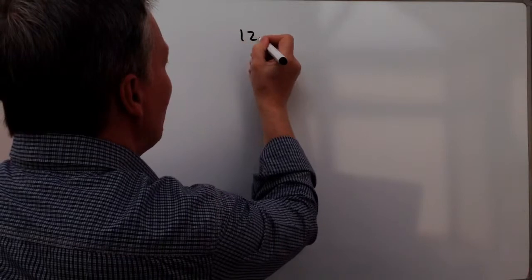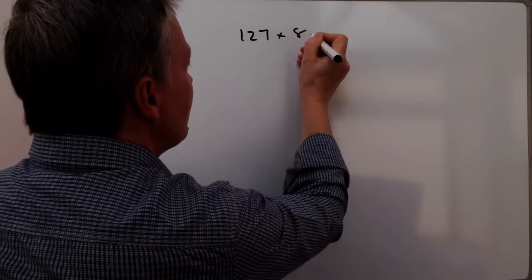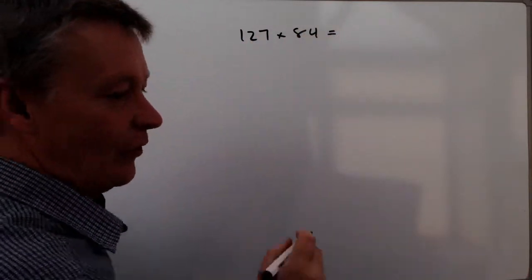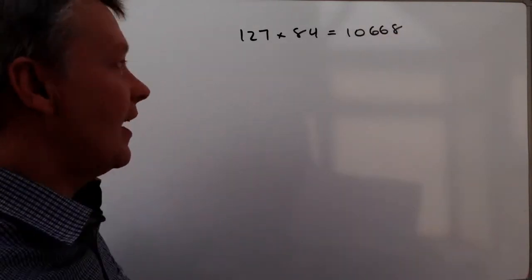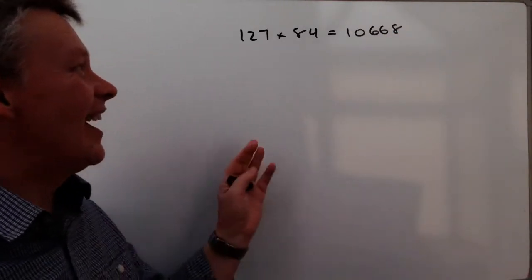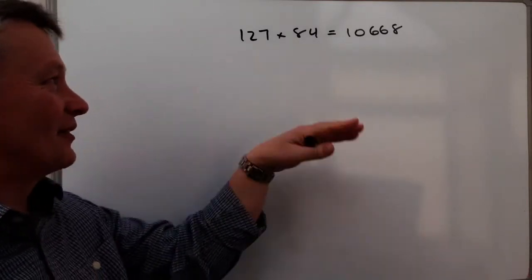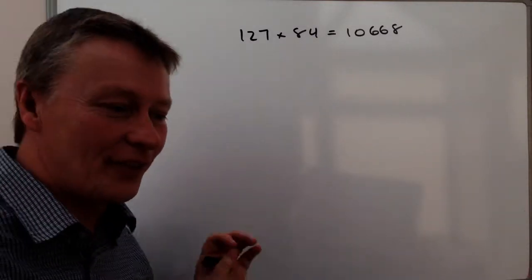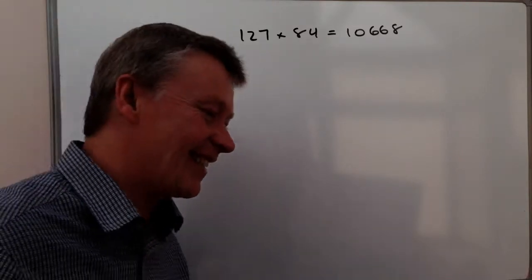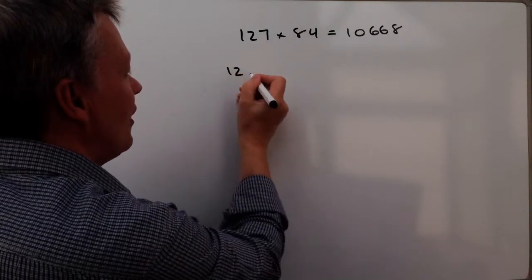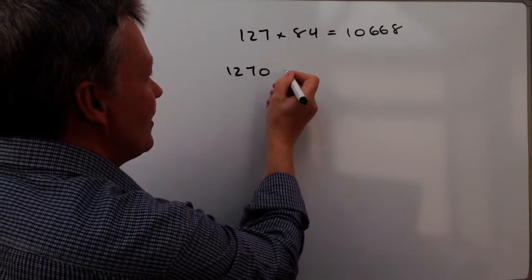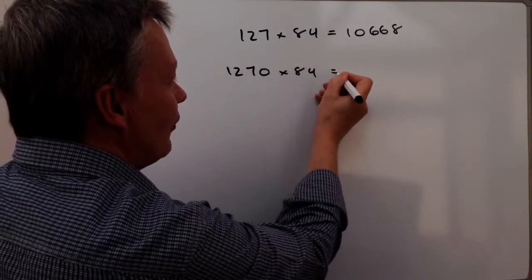With this particular question, we're given 127 times 84 equals 10,668. Okay, yes it is. You can check that on the calculator or do some long multiplication. It should give you 10,668. And you've been given three questions: what is 1270 times 84?